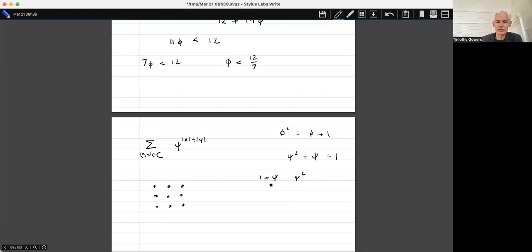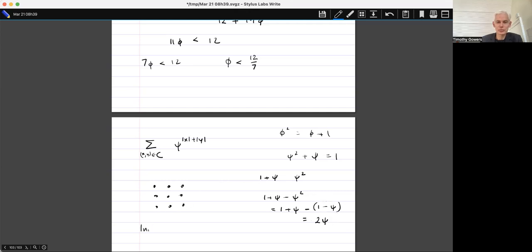What happens if I go outwards? So 1 plus psi minus psi squared equals 1 plus psi minus, psi squared is 1 minus psi, equals 2 psi. So if I start with 1 plus psi and end up with psi squared, then I am subtracting 2 psi.